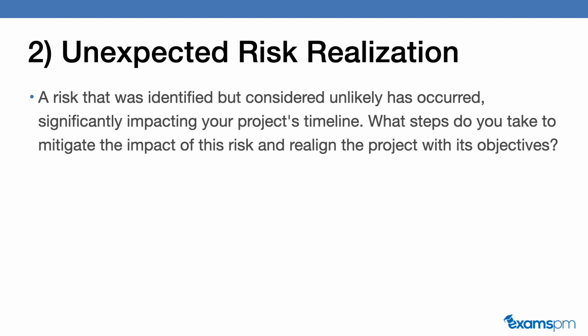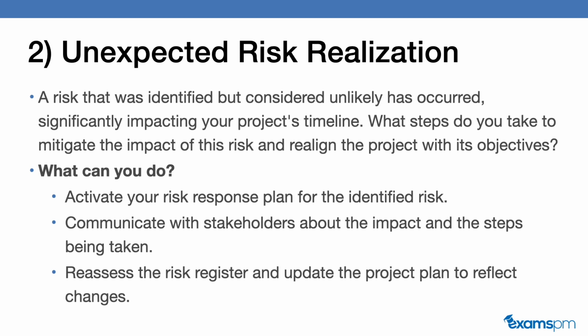Now, if you do encounter a question like this, here are some things that you can do. You can activate the risk response plan. So for the identified risk, remember that for the high priority risk, whenever you identify that risk, you also form a corresponding mitigation plan.